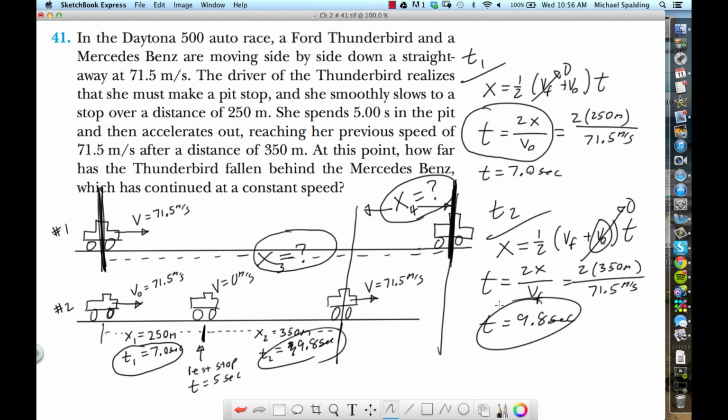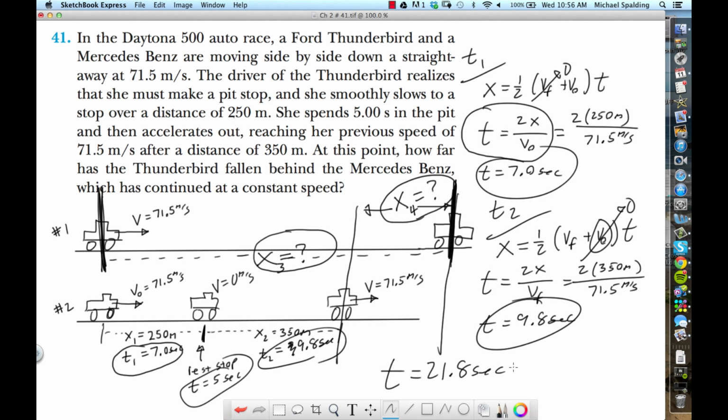Is it going to be 9.8 plus 7? Nope, because you got to factor in the rest stop. So there are 3 times that you're going to add up: the 7 seconds, the 5 seconds, and the 9.8 for a grand total time of about 21.8.